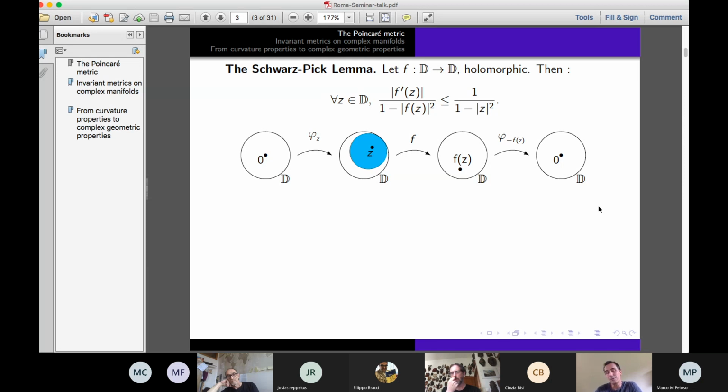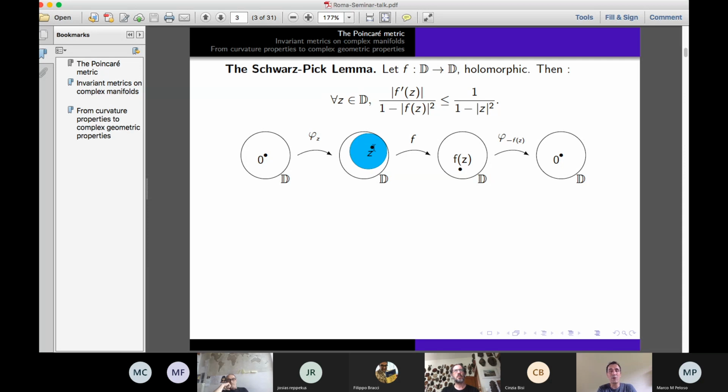It's easy because we know the structure of the automorphism group of the disk. It's a homogeneous domain. And so you can start with the origin. You send the origin to the point Z, the one you consider because you want to evaluate F at Z, via some automorphism phi of Z. Then you apply your map F that sends Z to F of Z. And then you send by another automorphism F of Z to the origin.